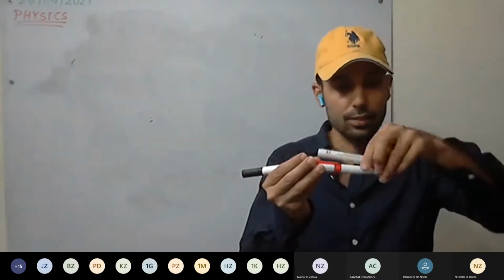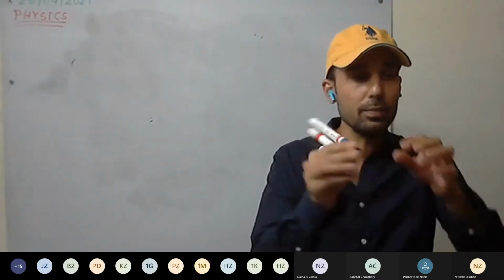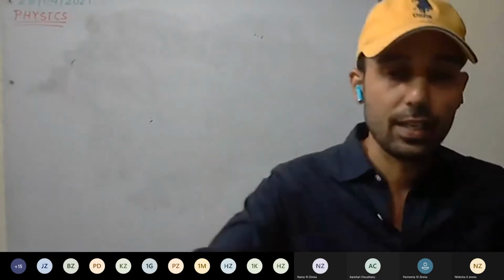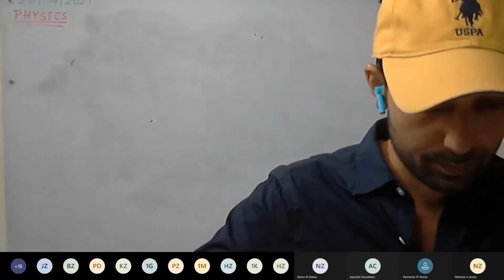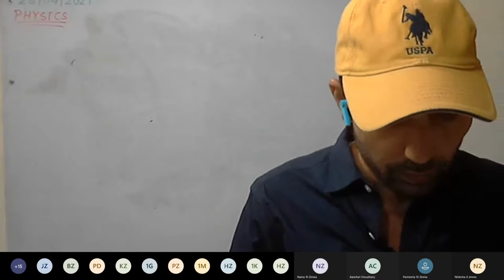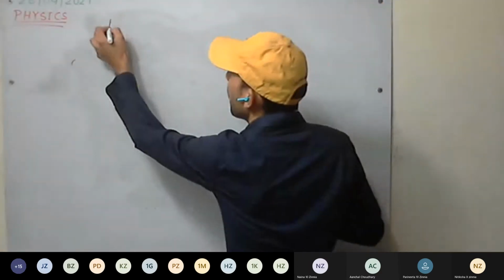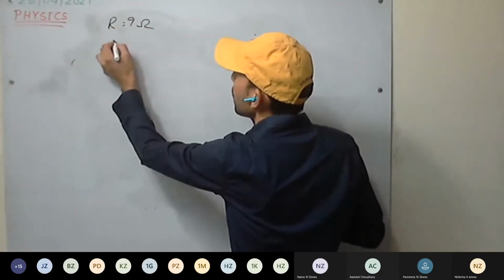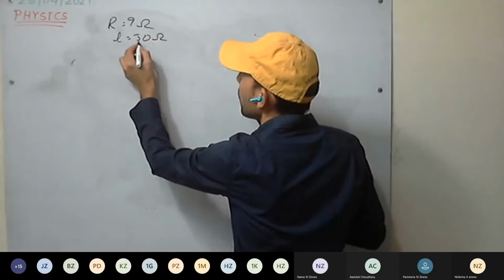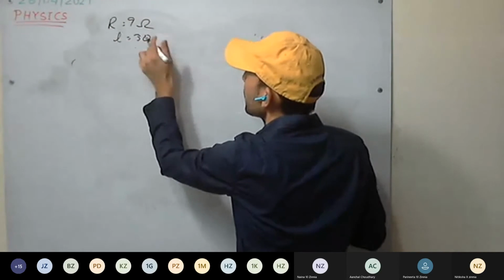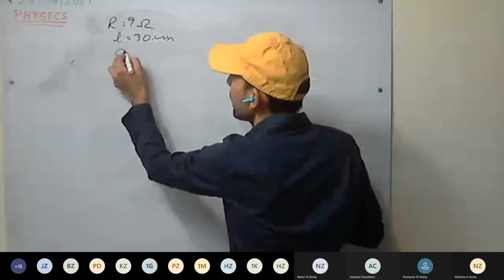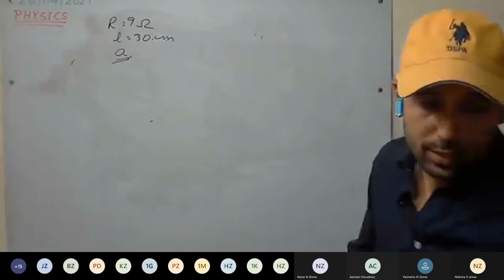Its length has become 1/3. So a wire of resistance R equal to 9 ohm, length 30 centimeter, and area of cross section, let it be A.